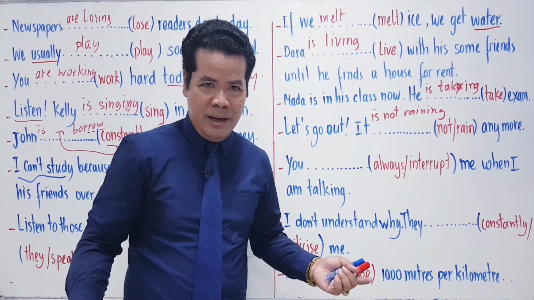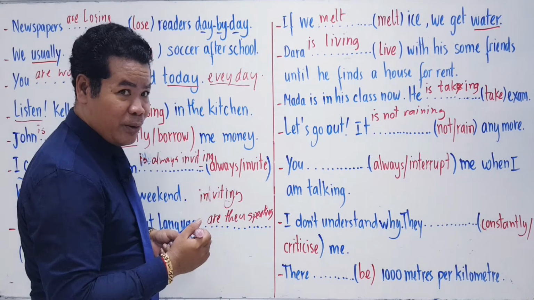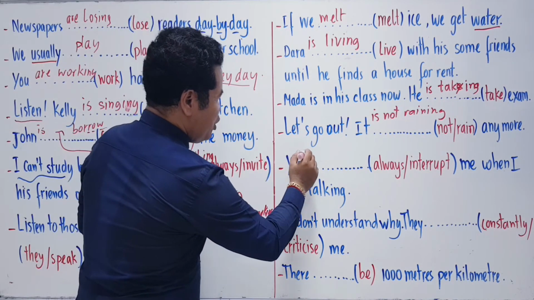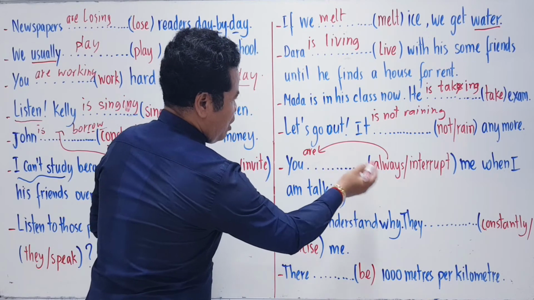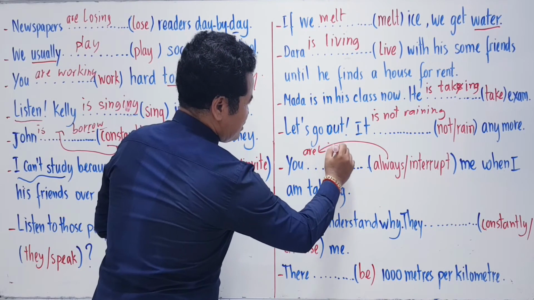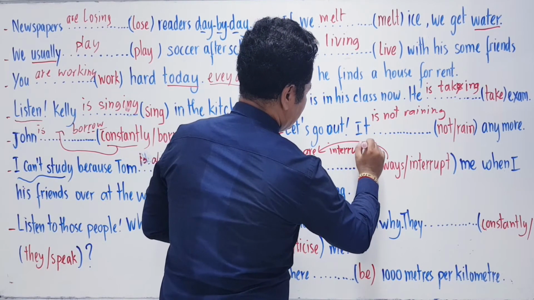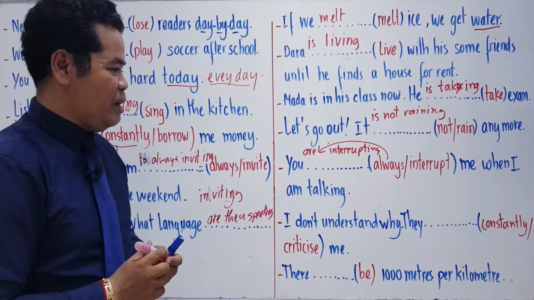So, do we use present progressive or present simple? Yes, present progressive. So what is that? You are always in the middle. You are always interrupting me when I'm talking.